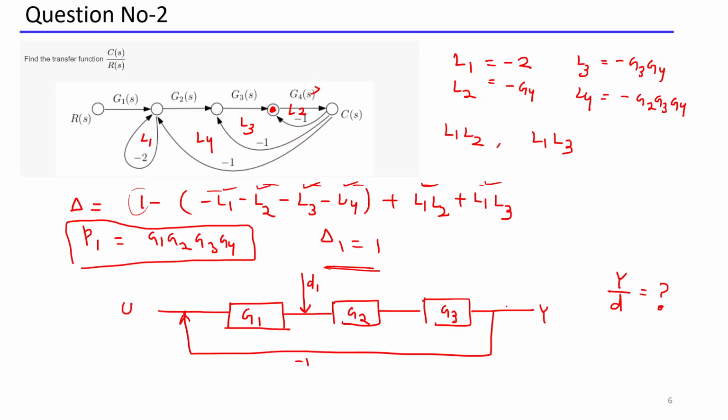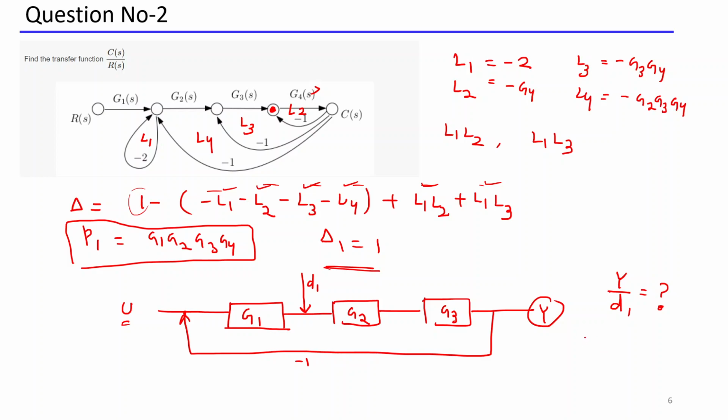If we want to find by considering disturbance, then U will be 0. Okay, that's good. But my approach is this: if it is to find Y by D1, here the output is Y, but the input is not U, the input is D1.